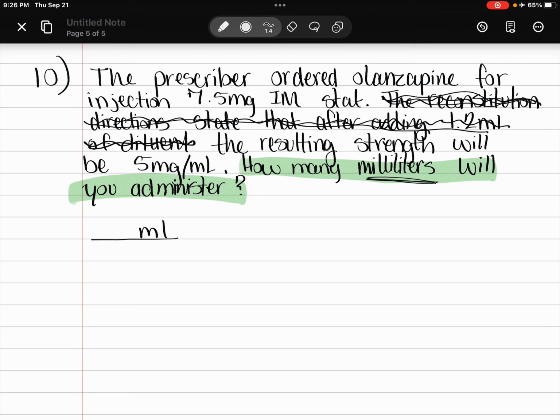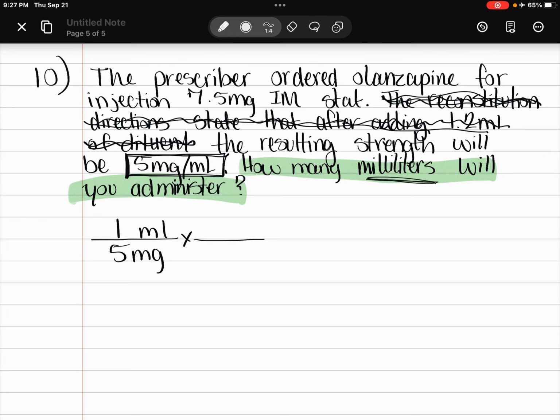The only thing that you need to know is how many milligrams is in a milliliter of that medication. You don't need to know anything about the reconstitution directions. That is irrelevant. So what I'm going to do is 1 milliliter over 5 milligrams.